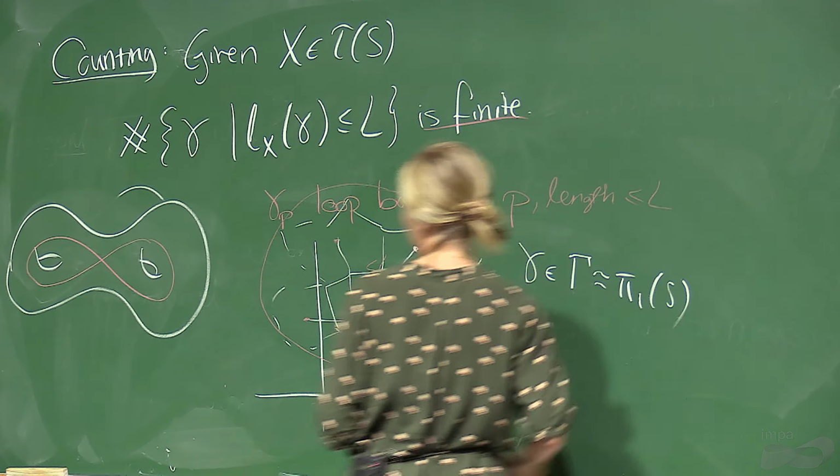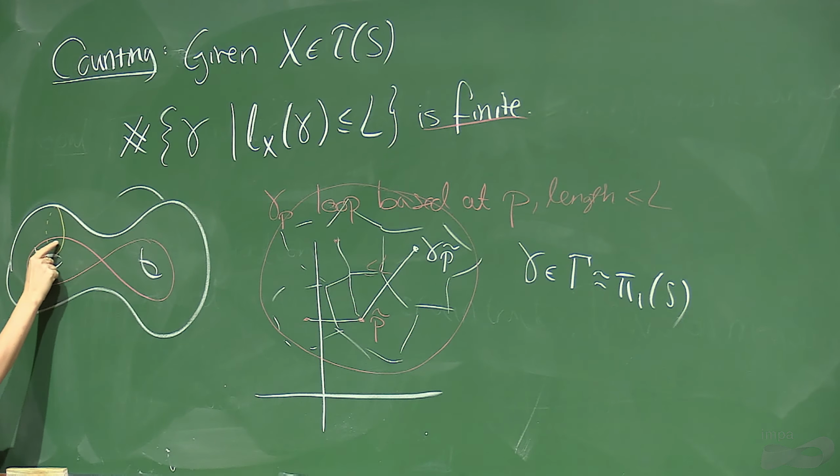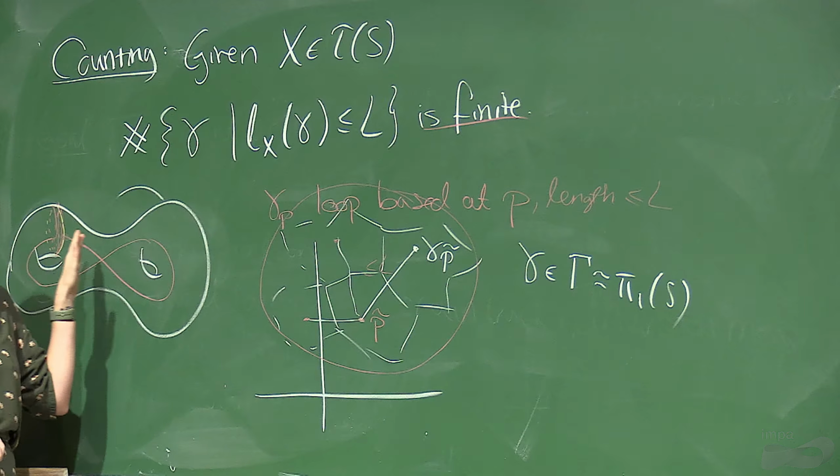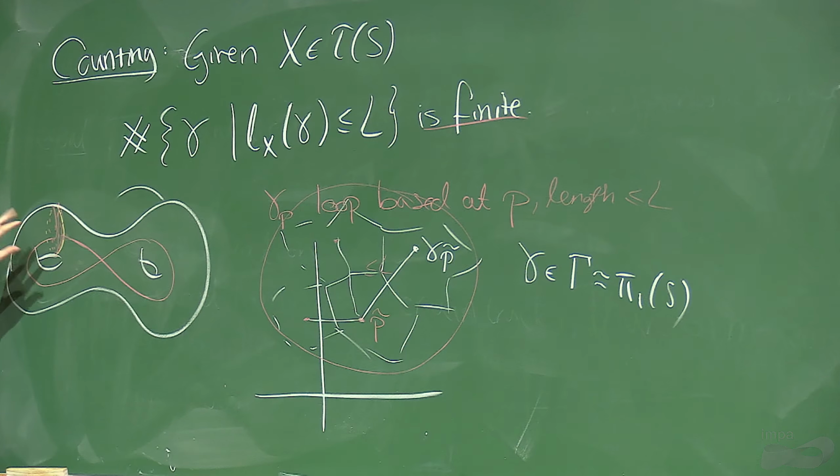Then I can change my purple curve by cutting it where it hits this, and instead of crossing it, it follows it around. I can do this as many times as I want, and then at some point continue on with this. So even based on just this one curve, I can get infinitely many new curves.